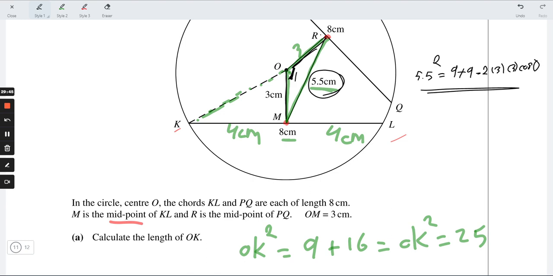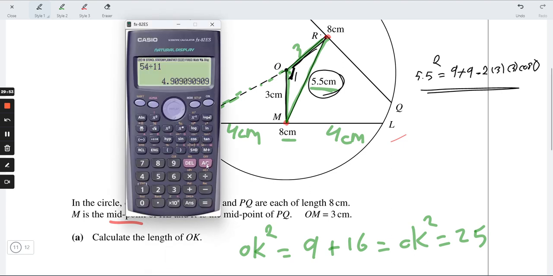So here you should use your calculator, and in this case using the calculator is not that hard. What you need is to find, first of all, 5.5 squared, dividing by, for sure, 9 plus 9 minus 2 times 3 times 3.